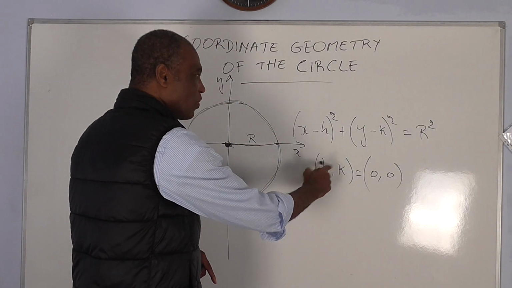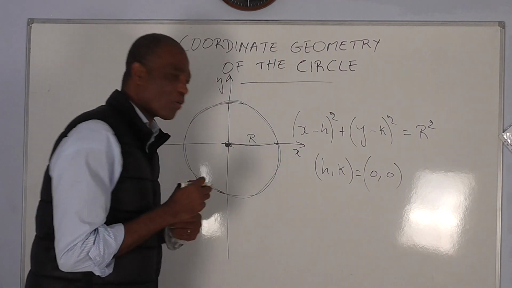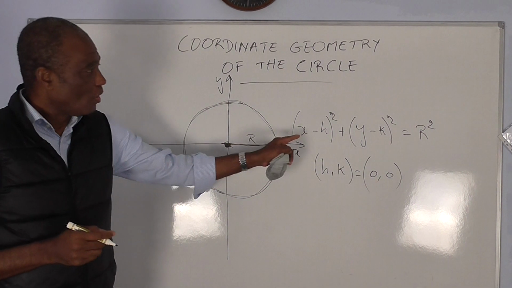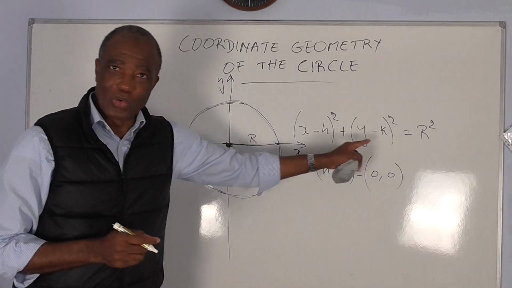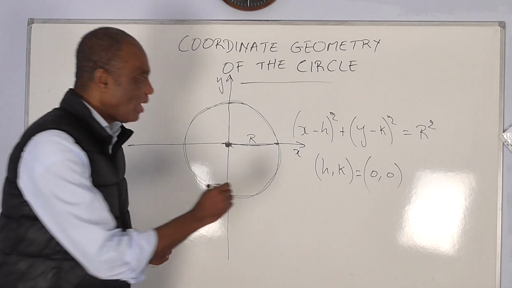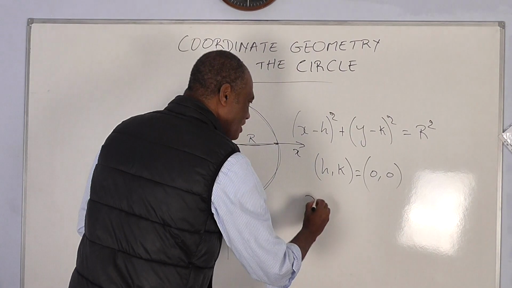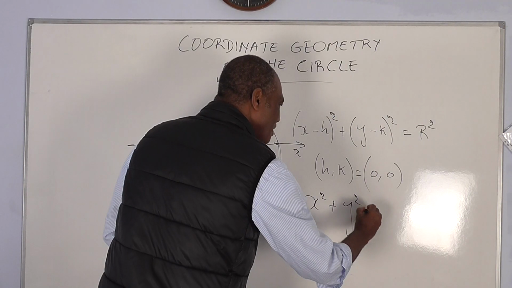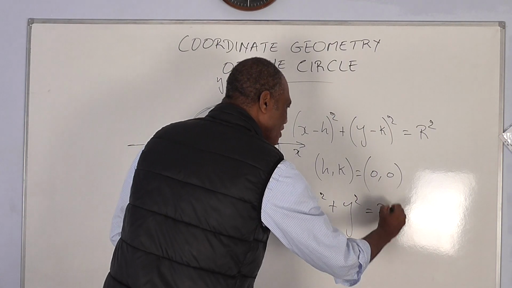H will be 0 and k will be 0. From there, our general equation will be simplified and become just x squared plus y squared is equal to radius squared.